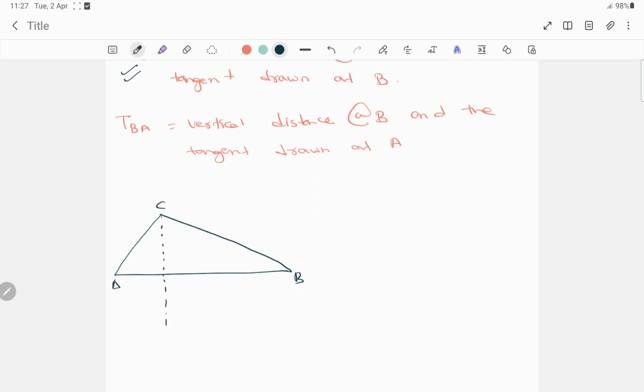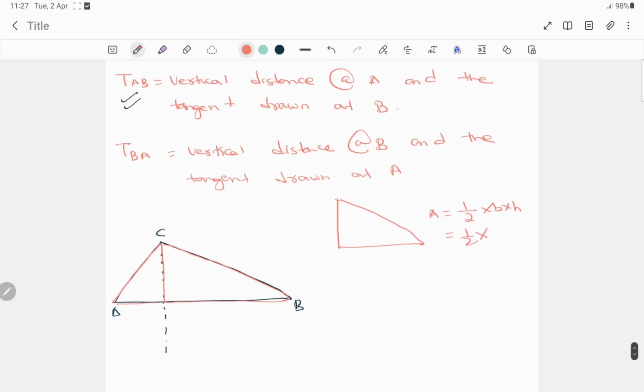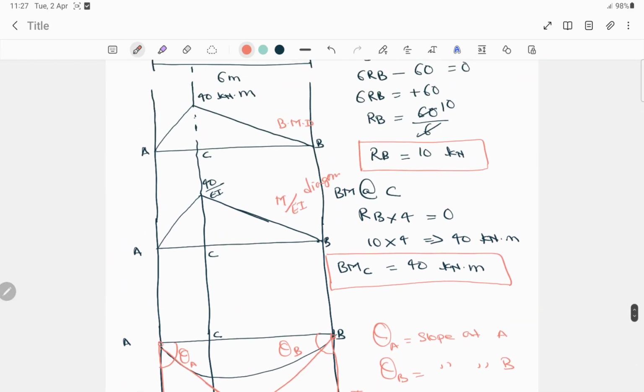Now to get the area, we'll separate this part, we'll find this area separately as well as this area separately. So to find the area, this is a right angle triangle. So the formula for finding the area is half into base into height. So here half into what is the base here? This was 4 and 2, I guess.